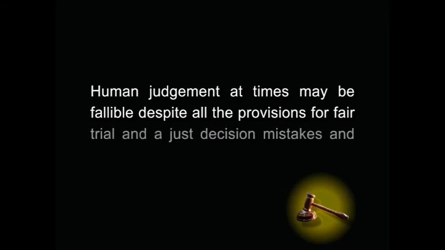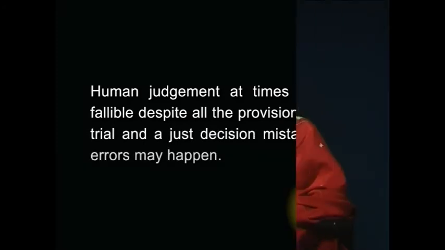Now let us talk about review. Human judgment at times may be fallible despite all the provisions for fair trial and a just decision; mistakes and errors may happen. So, the provisions for the review of judgment have been made.